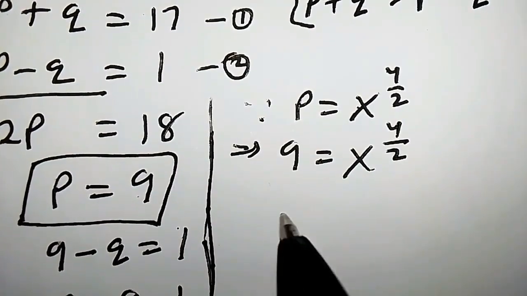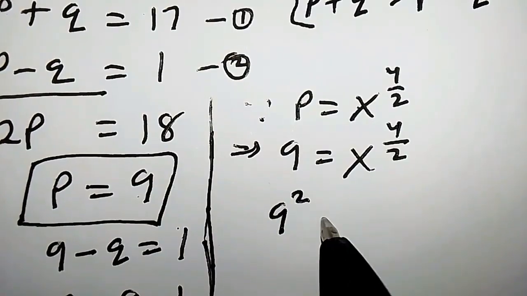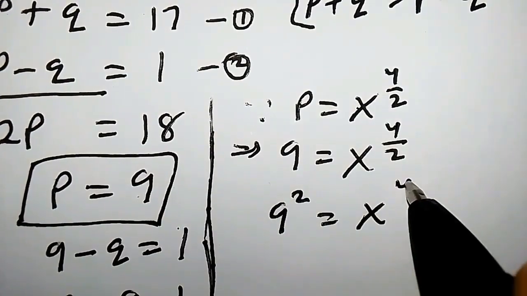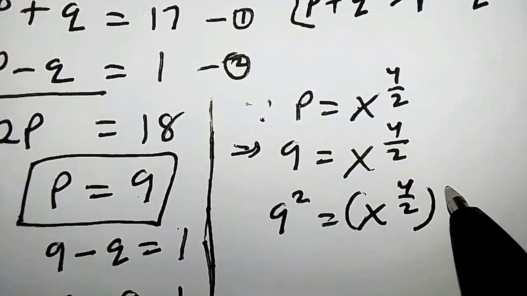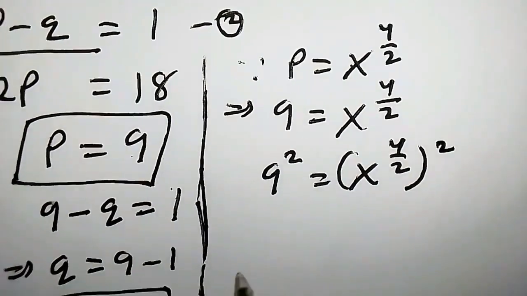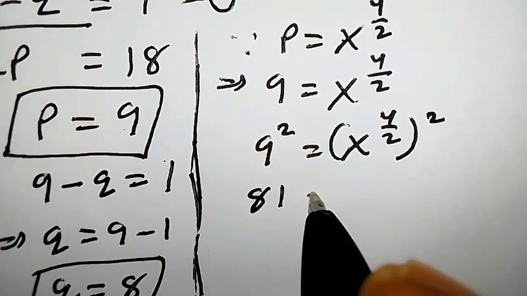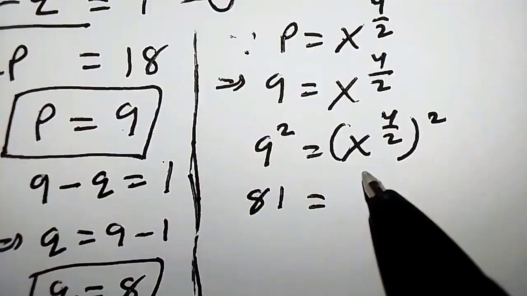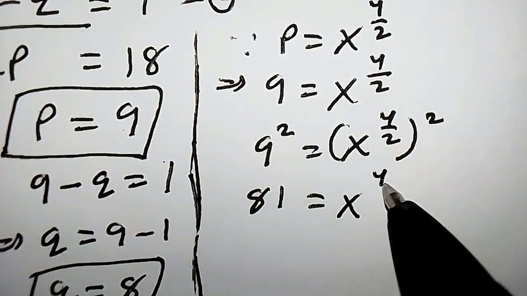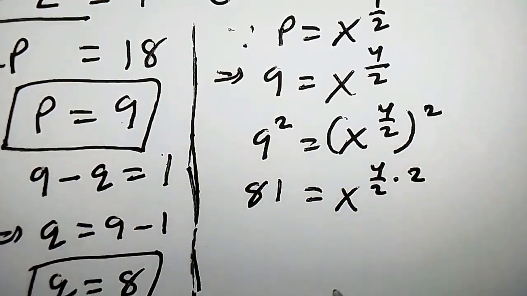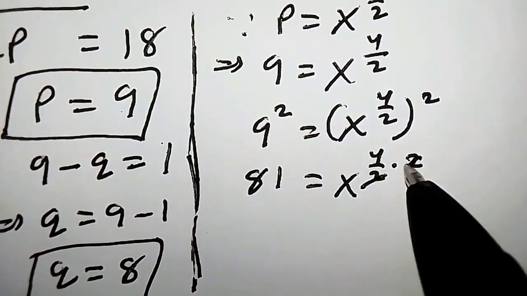If we square both sides, we have 9 square equal to x raised to y over 2 times 2. What is 9 square? That is 81 equal to x raised to y over 2 times 2. Clearly, 2 cancels 2.